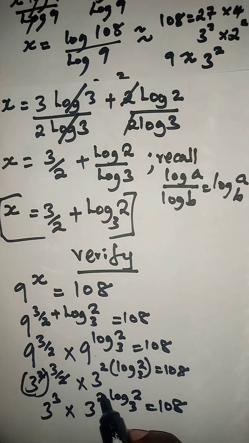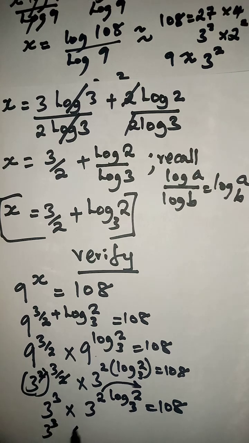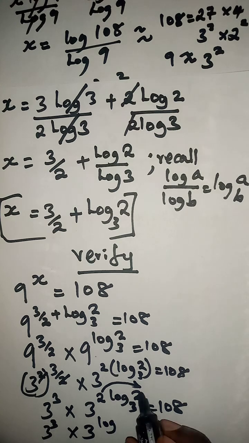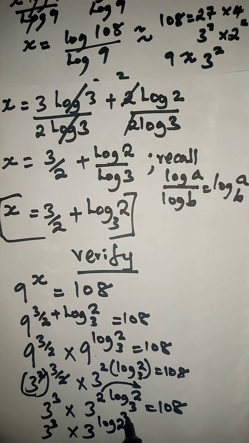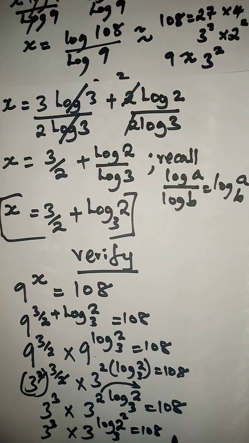To simplify it further, these 2 can come up, so that I have 3 to the power of 3 times 3 to the log of 2 squared to the base of 3 should give me 108.